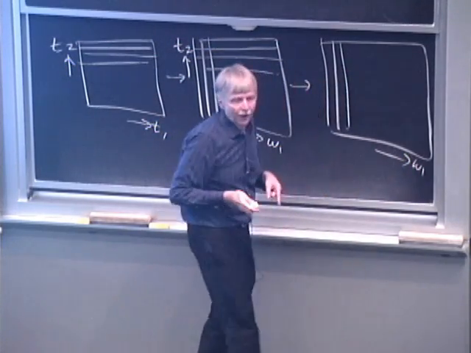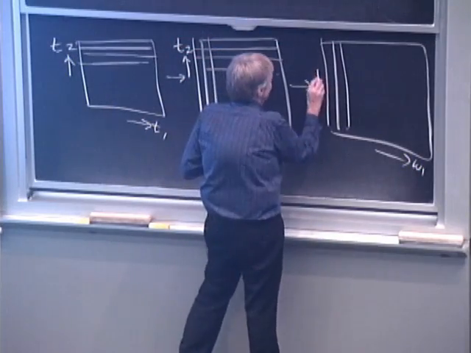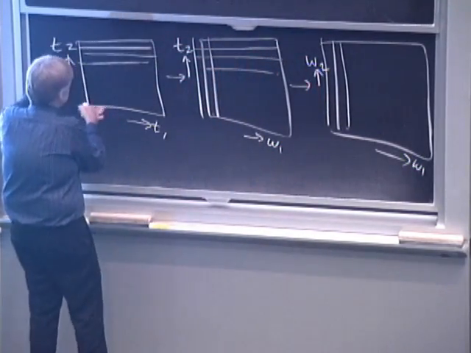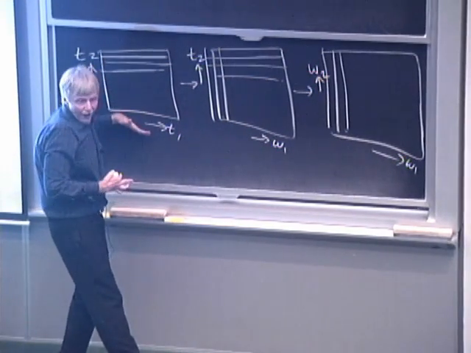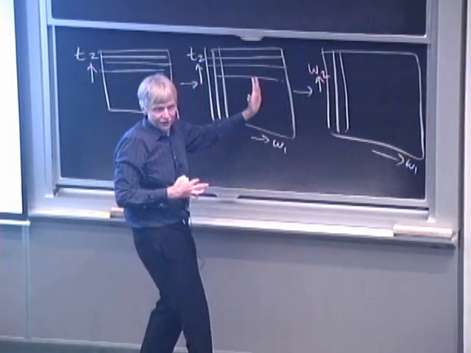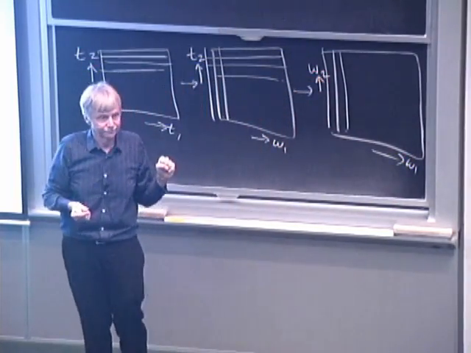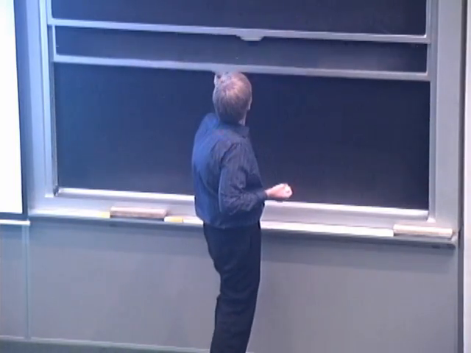This one is still omega 1. But when I take the transform this way, I had a t2, and that turns it into an omega 2. So I started with t1, t2 space, take all the transforms row-wise, make a new array, take all the transforms column-wise, make a new array, and I end up with omega 1, omega 2. OK?